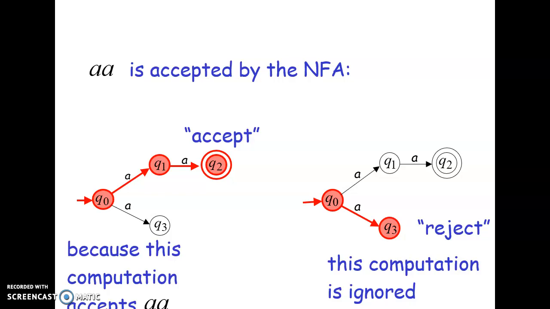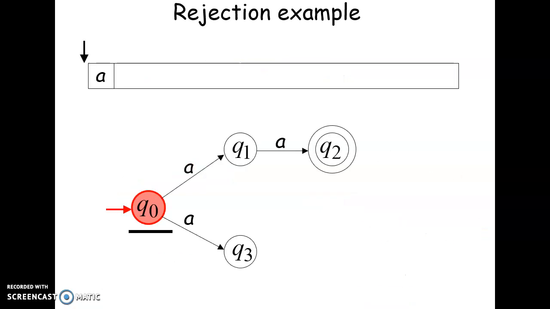Whatever the string is, whatever your language is, as long as every string is accepted through one of the paths, there is not going to be only one path for a particular string. There can be multiple paths, and one of the paths takes it to the accept state, so the string would be accepted. So let's look at another example.